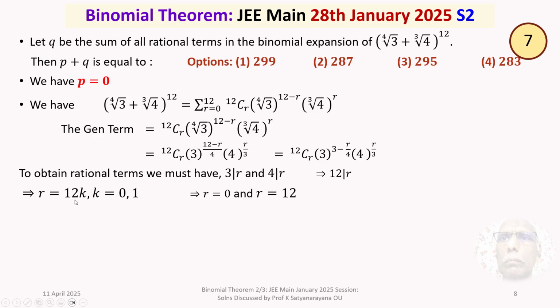So r is equal to 12k, where k takes the values 0 and 1. Why? r varies from 0 to 12, and k must take 0 and 1. If k takes 2, r will be 24, but r varies from 0 to 12 only. Therefore, 2 values only we take. So r is equal to 0 and r is equal to 12.